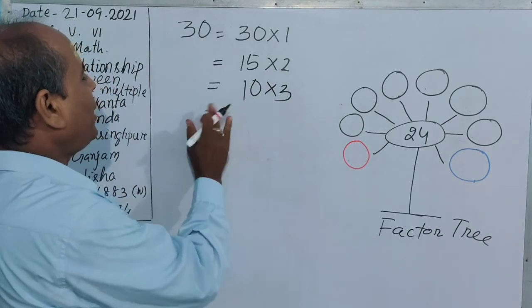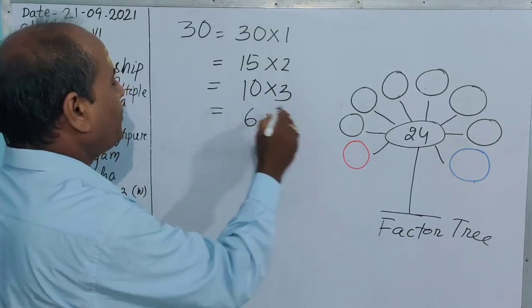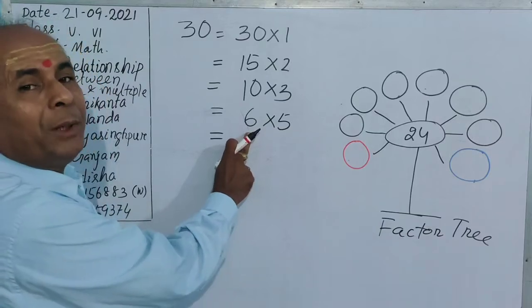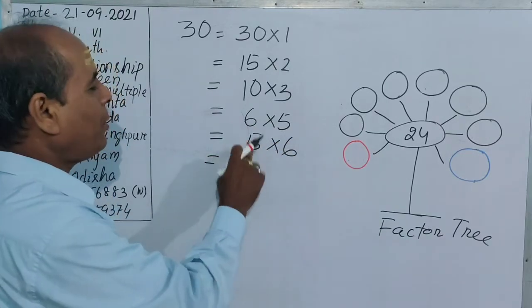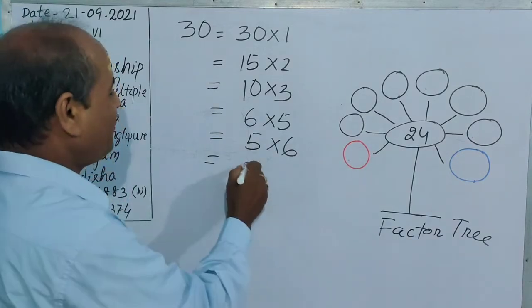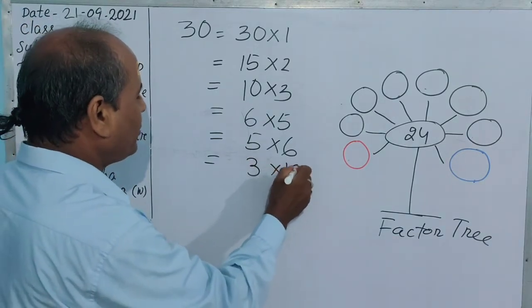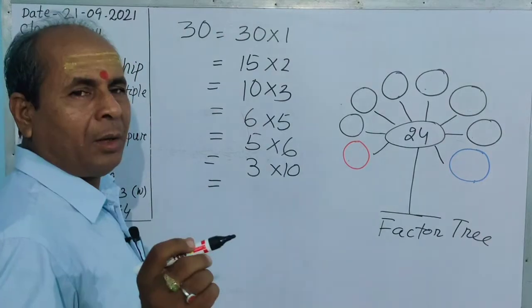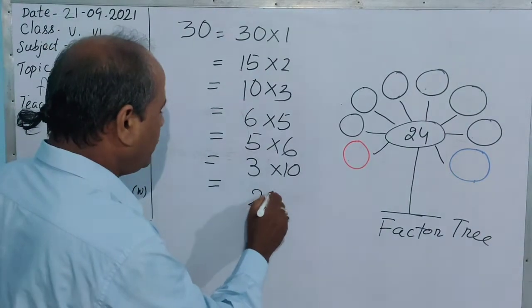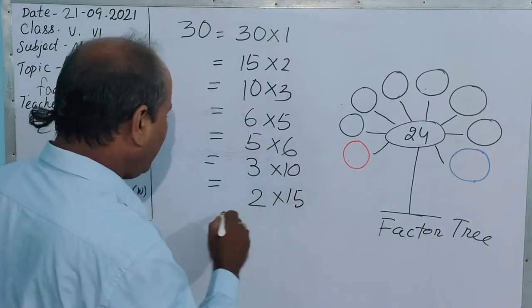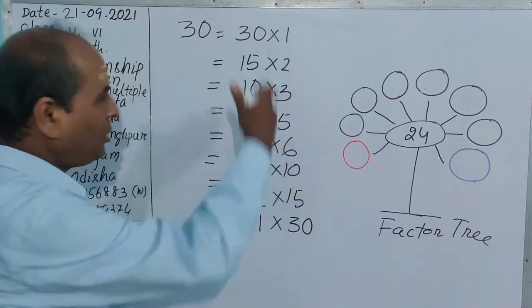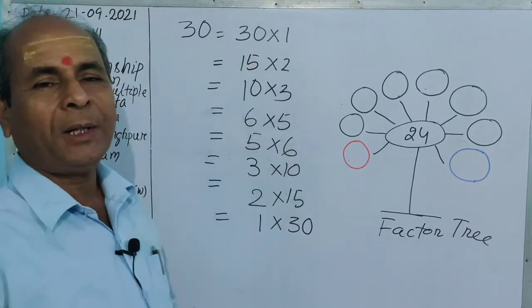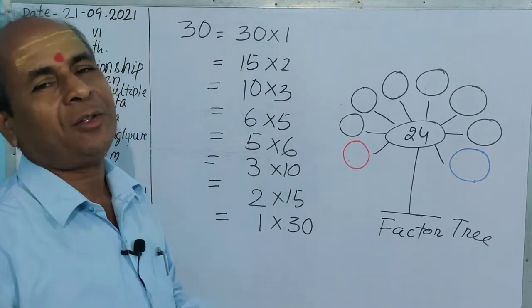Next, below 10, we get 6 cross 5. Below 6, 5 cross 6. Below 5, 3: 3 cross 10. Next to 3, 2 is there: 2 cross 15. And lastly, we get 1 cross 30. From all these multiplications, we can get the factors of 30.